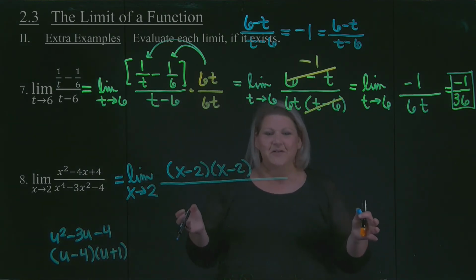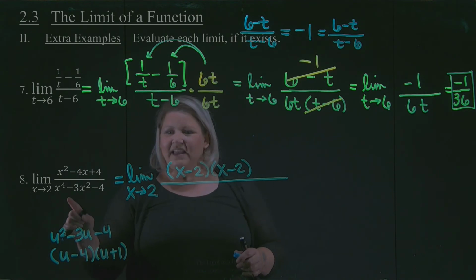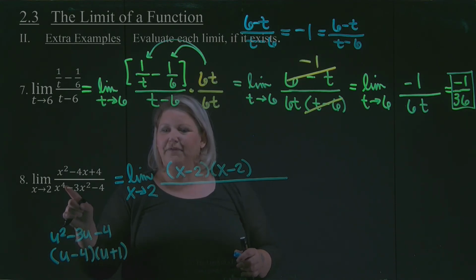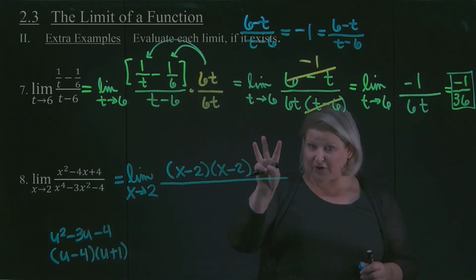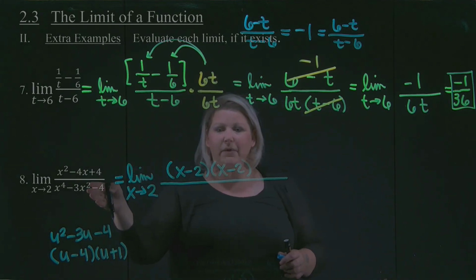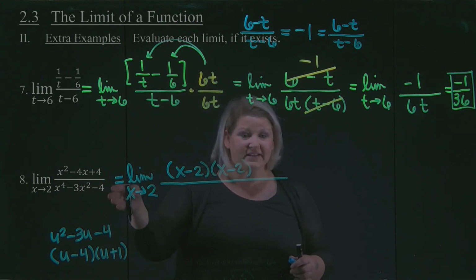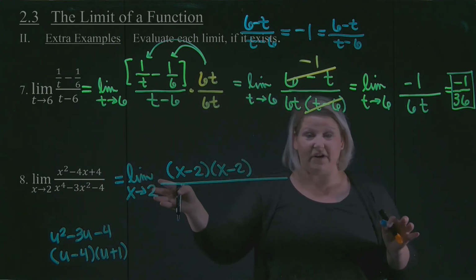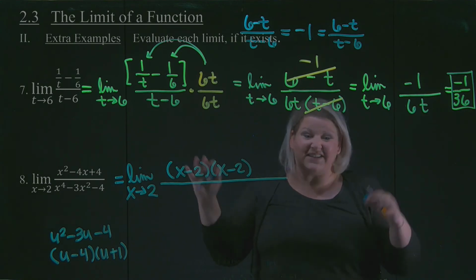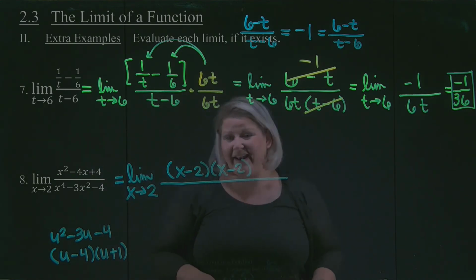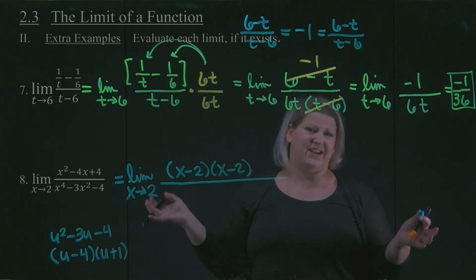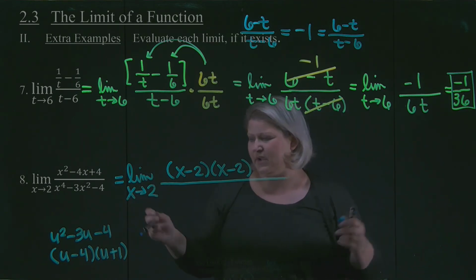So how we know that it works is that, see how this power of 4, what's half of 4? It's 2. This is called quadratic in form because it has 3 terms, and the power on the first variable is twice the power of the second variable. So that's called quadratic in form. If you don't remember it, you can Google it. I bet at least 30,000 videos on how to factor quadratic in forms will come up.